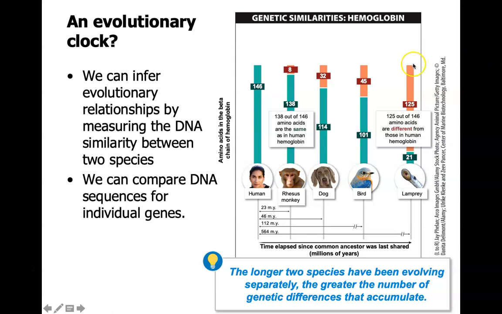You can see that the majority of hemoglobin amino acids are different than human hemoglobin, suggesting that through this evolutionary history, the hemoglobin has changed, and now it is vastly different between humans and the lamprey, which had a common ancestor estimated at 564 million years ago. And this is because each of these lineages has been evolving separately from the split from that common ancestor. And so they've been accumulating these genetic differences along the way.